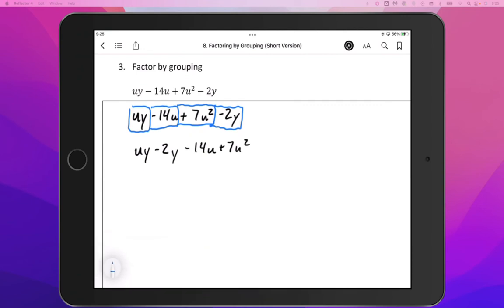And so again, I do my factoring. And so on the left, I can divide or factor out a y. And uy divided by y just leaves u. And 2y divided by y leaves negative 2. This next piece, always a plus sign.